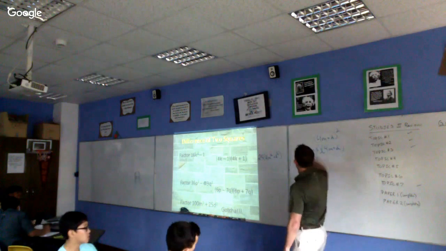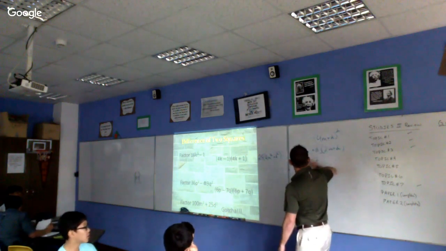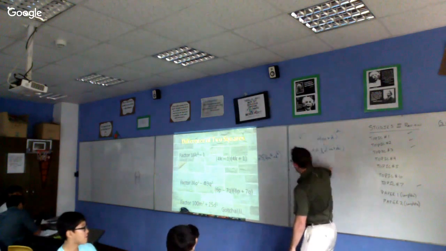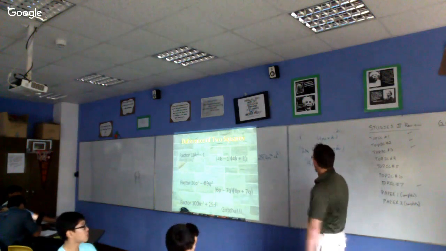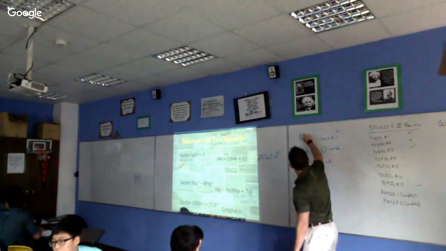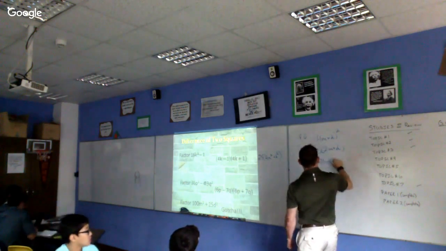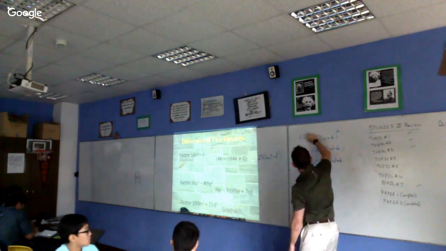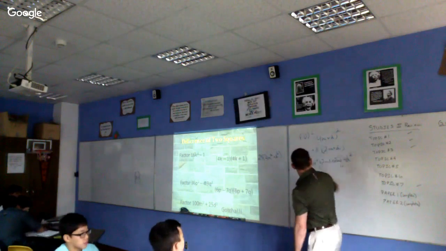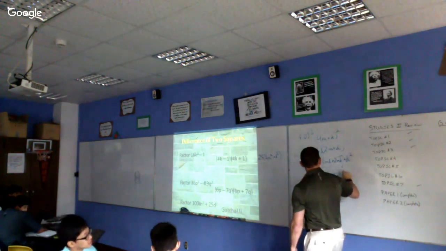Let's FOIL it. That's the F. What's the O? 4md. The I is 4md. And the last is d squared. Your method gets 4m squared plus 4md plus d squared.